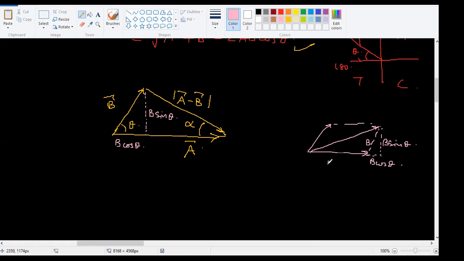And then this was A. So similarly here it is B sine theta.